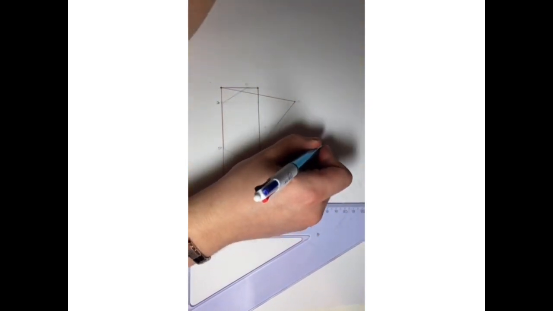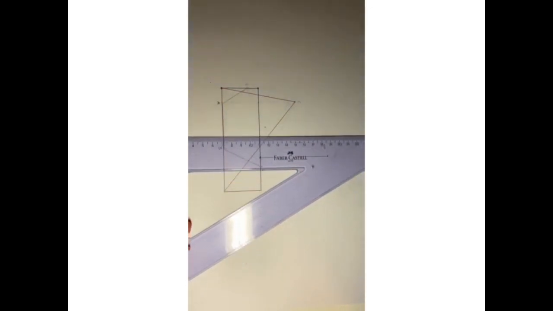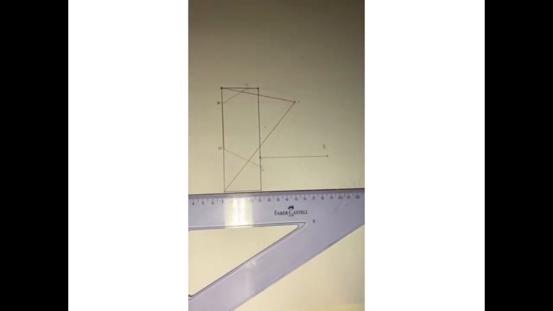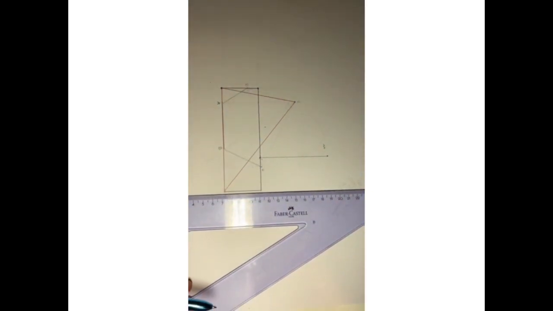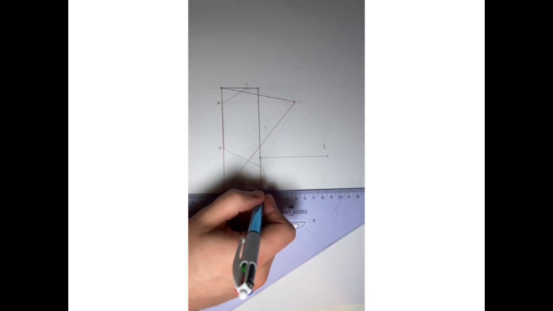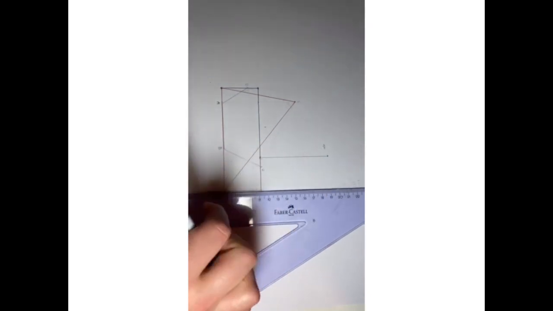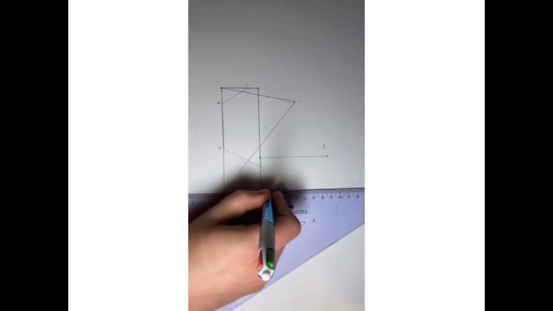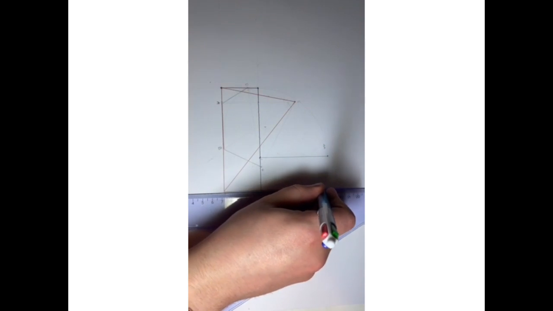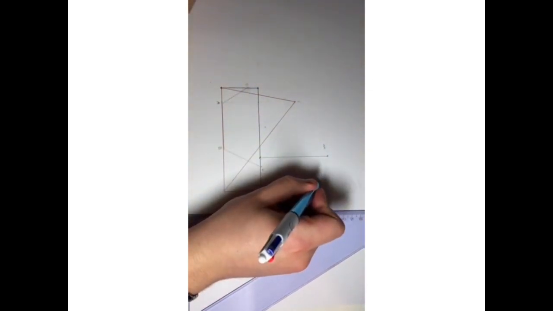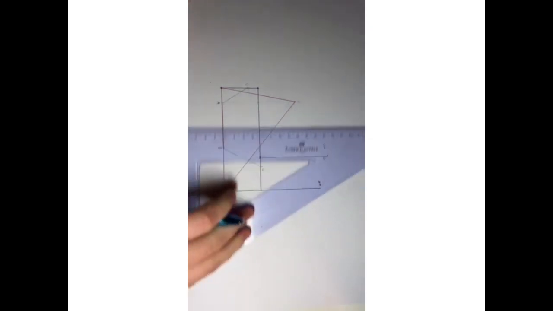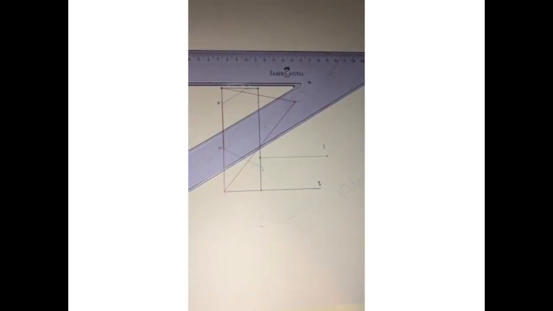Just going to label that AM. And from the corner of our rectangle, if we go vertically from that point up to the semicircle, not only is that line our geometric mean, but it is also one of the sides of our square.